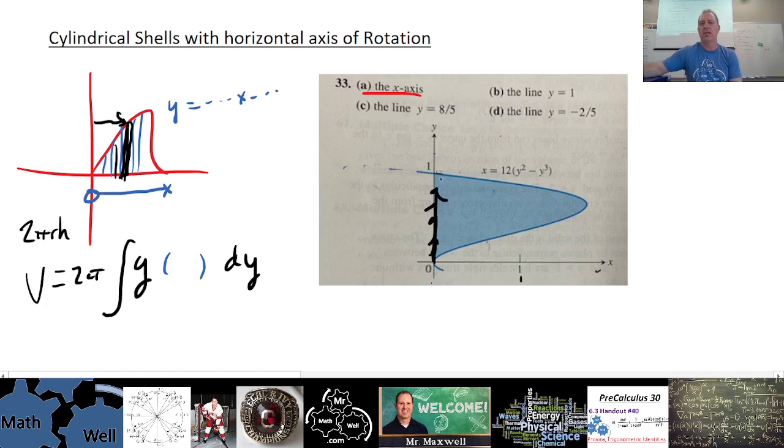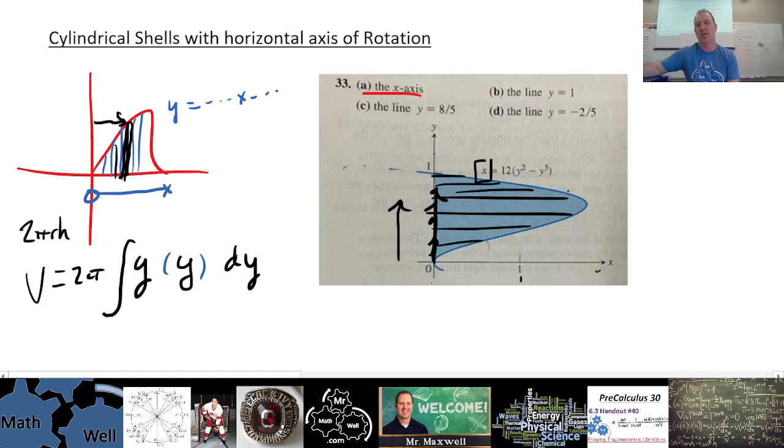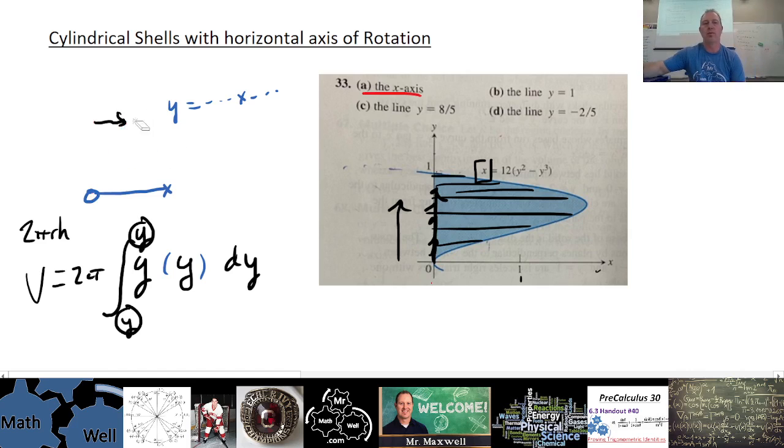And the height can vary as y changes, so the height would be a function in terms of y. So this is going to be the function where x is isolated, and of course, these limits are y values. So that's really important: when we flip the cylinders on the side, all of this changes to y. Everything's exactly the same, except things are in terms of y now.